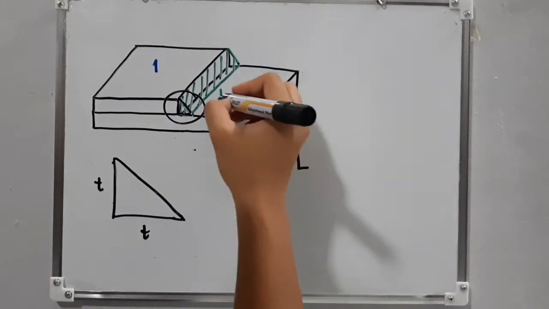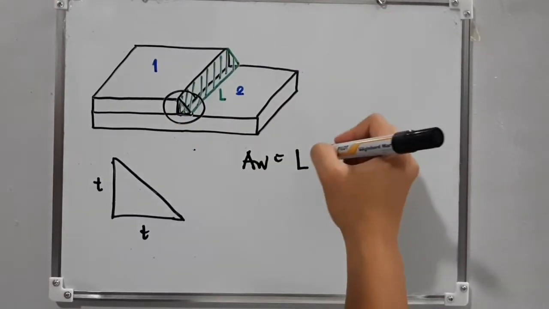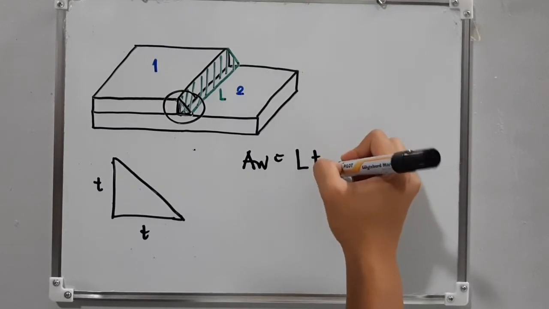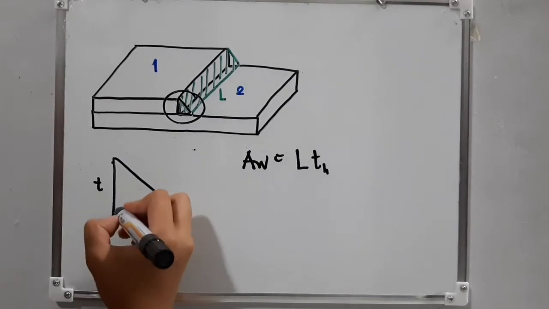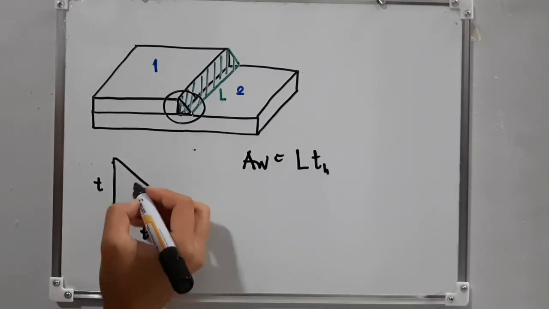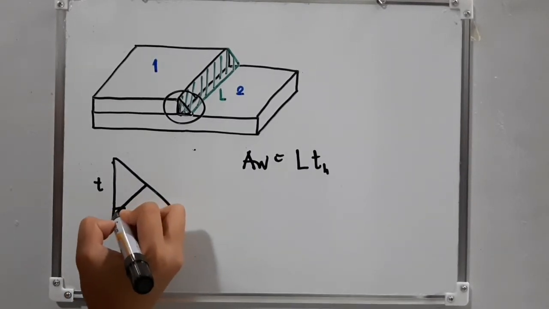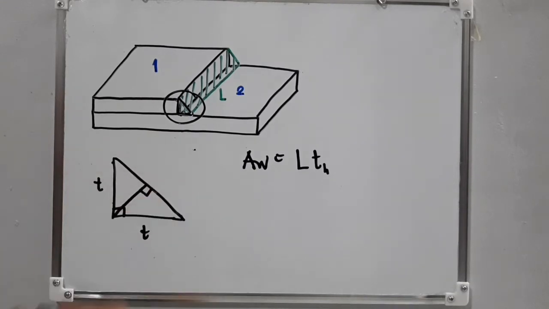So, effective length natin is the length of your weld and your effective throat thickness. Yung throat na tinatawag natin is from the perpendicular corner. Nagdodraw tayo ng perpendicular line sa ating hypotenuse and iyon yung ating tinatawag na throat.